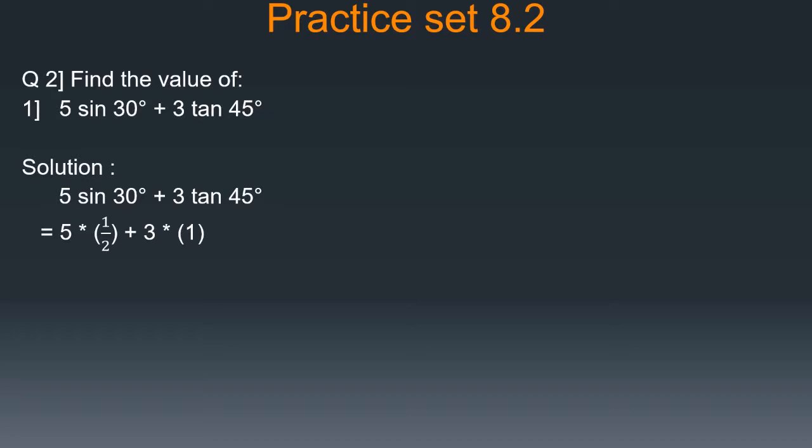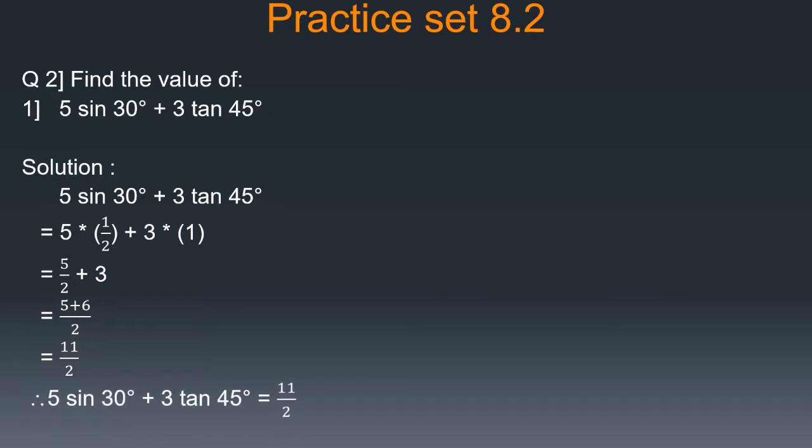We get 5 into half plus 3 into 1. Solving it, we get 5 upon 2 plus 3, which is equal to 5 plus 6 upon 2. 5 plus 6 is nothing but 11 upon 2. So therefore, 5 sin 30 degree plus 3 tan 45 degree is equal to 11 upon 2.